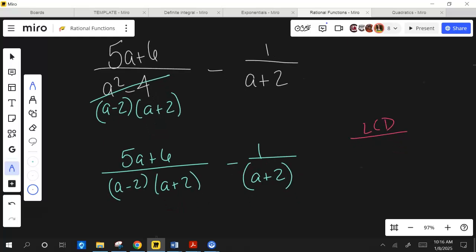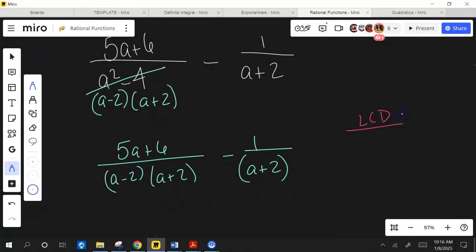All right. So here's what I always do. Everything's got to be in factored form for this to work. I start by writing the first denominator. What's the first denominator? A minus 2, a plus 2.